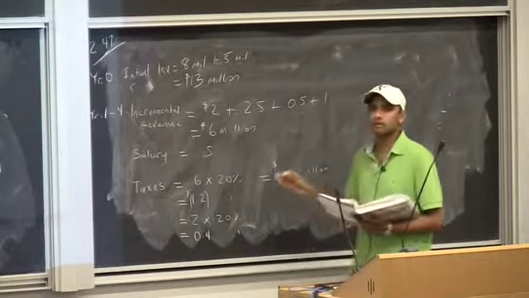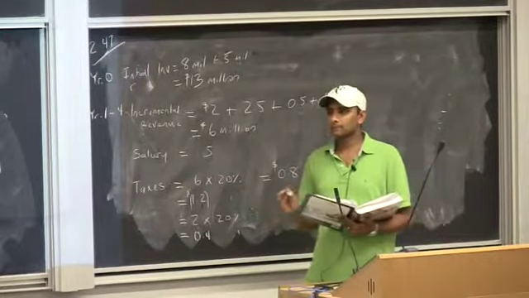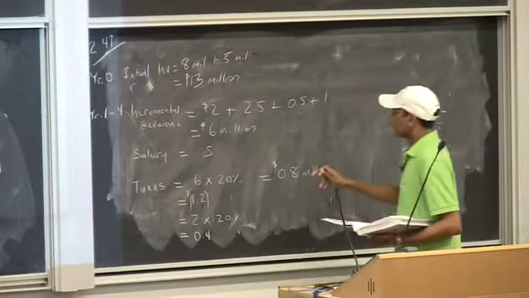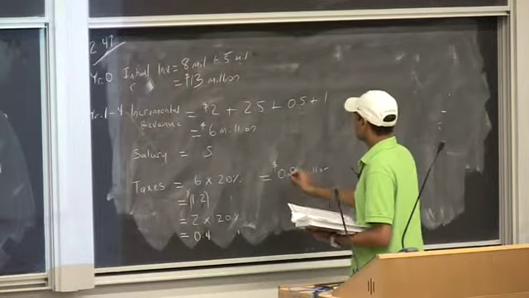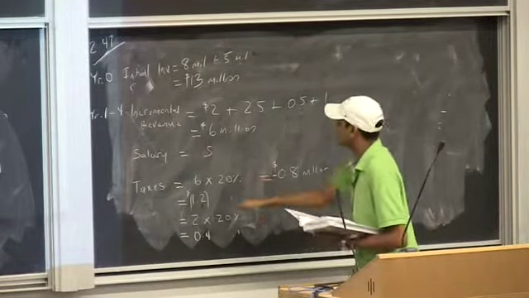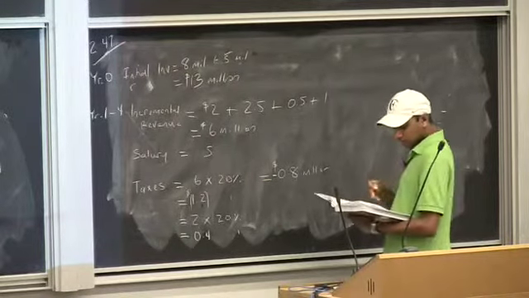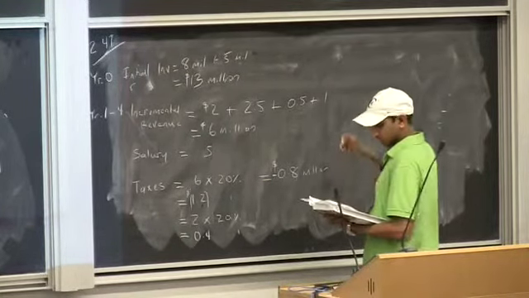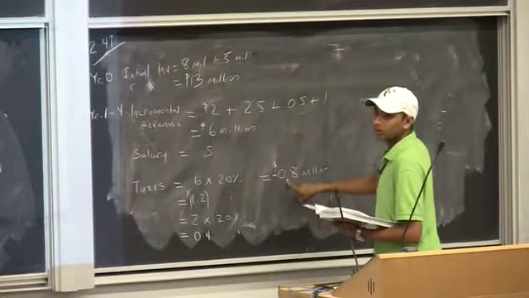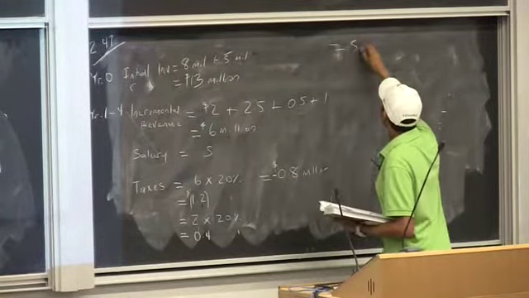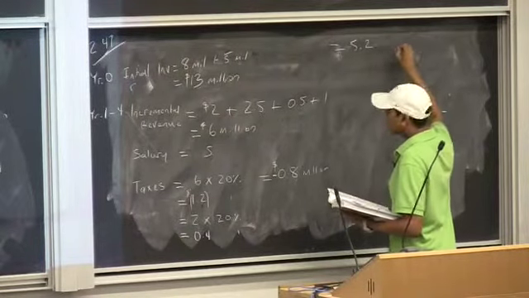Does everyone get what I just did? Yeah? Okay. So if you add that all up, oh, sorry, minus. It's minus, right? So if you add that up, you get an equation. 6 million minus the 0.8, 5.2.